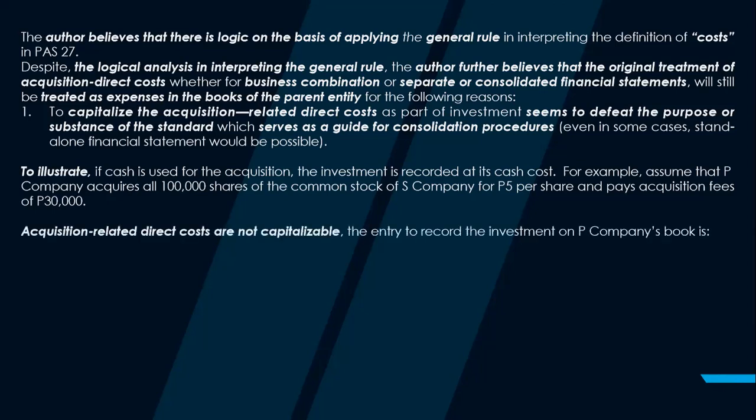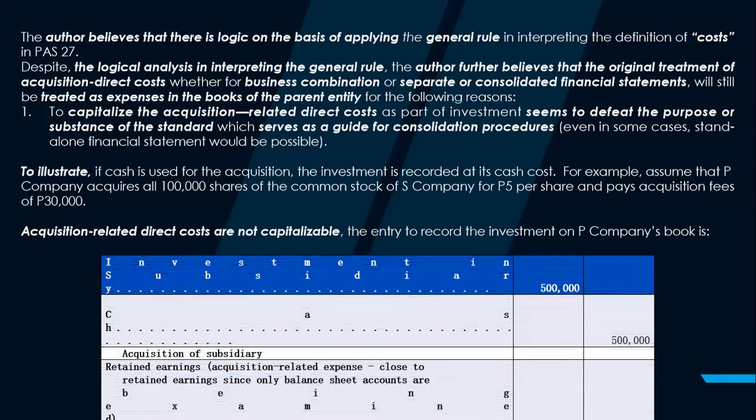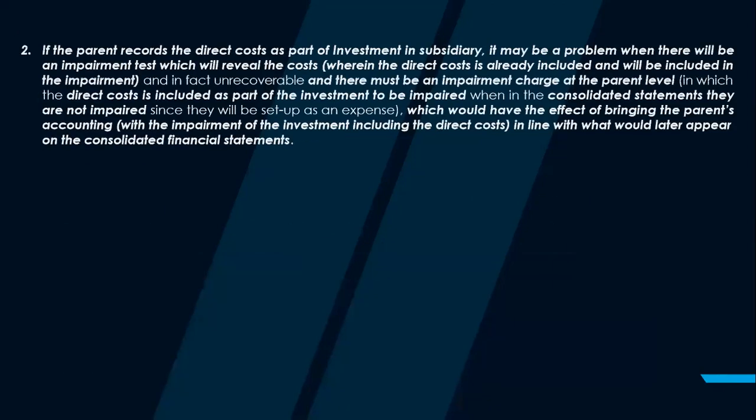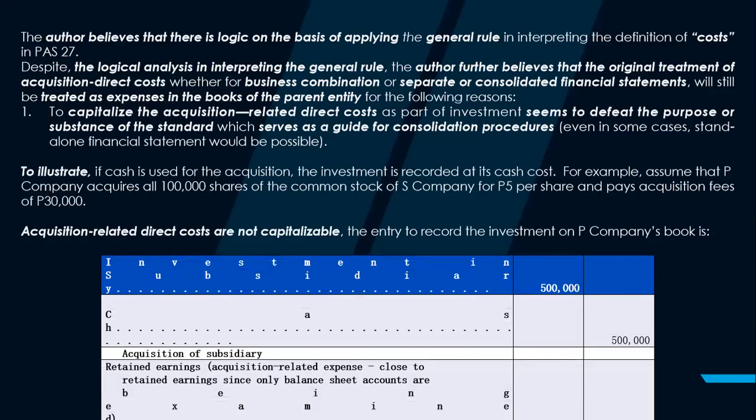So acquisition-related direct costs are not capitalizable. The entry to record the investment is to debit retained earnings for the acquisition-related expense, closed to retained earnings since only balance sheet accounts are open. So only balance sheet accounts are open.